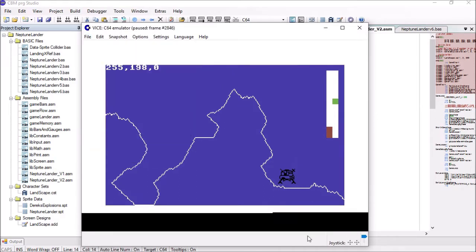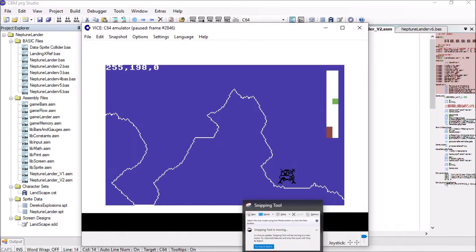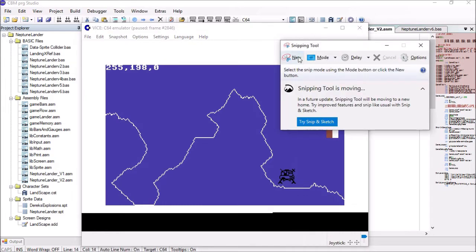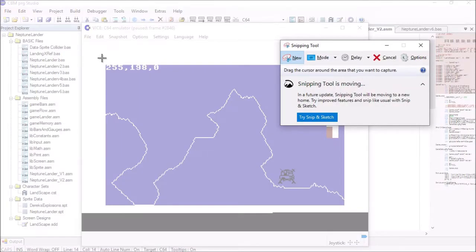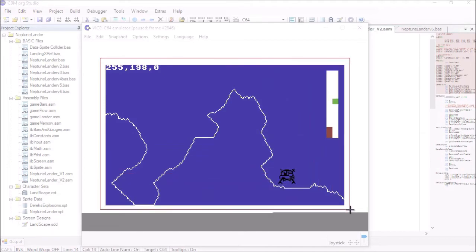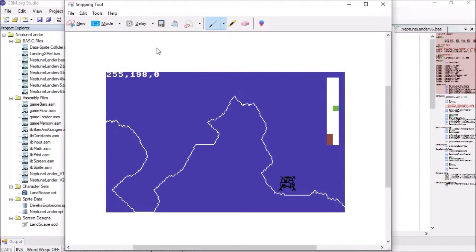Right, what I want to do, so if I use the snipping tool and just grab the screen, there we go. What I was thinking was, I don't want to lose the full screen, because when we do the other sceneries I want to be able to have the full screen.